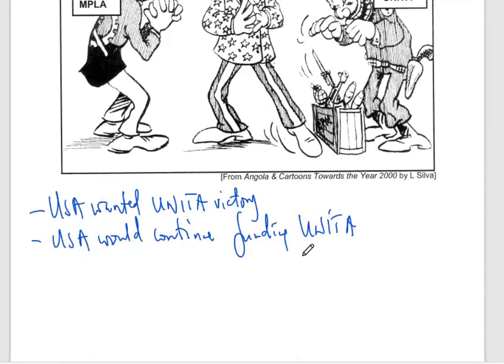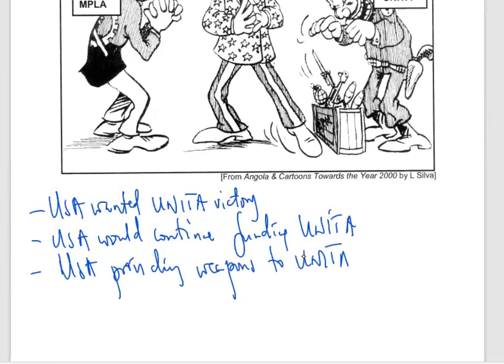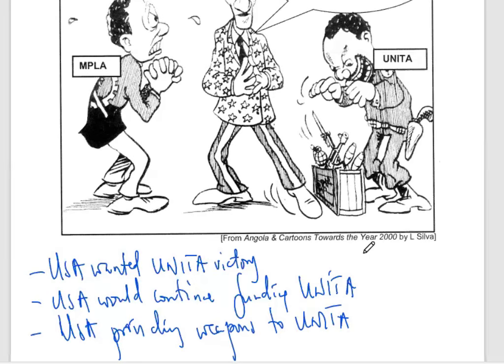Besides talking about funding, we can also see the USA providing weapons to UNITA. So we cannot agree that they will bring a definitive end while they are providing weapons to one side.